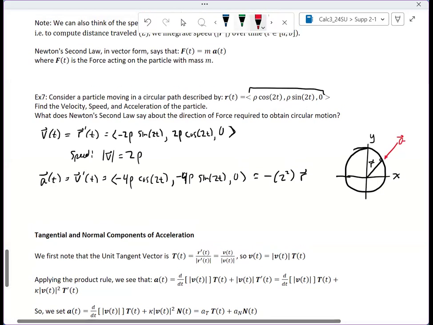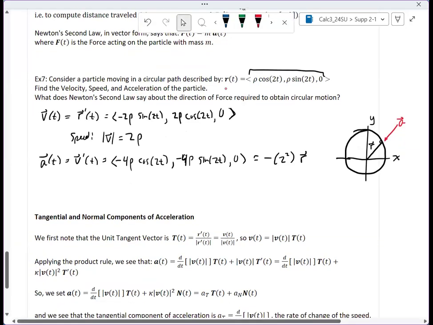But I also know that F equals ma. So my force vector is also in this direction. M, of course, being mass, is a positive number.